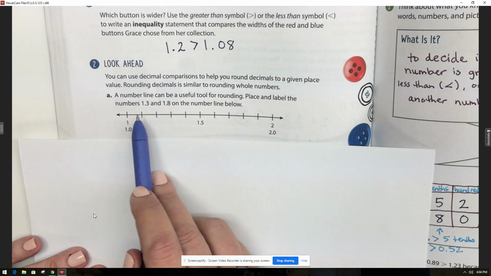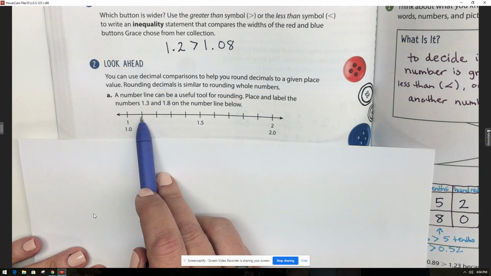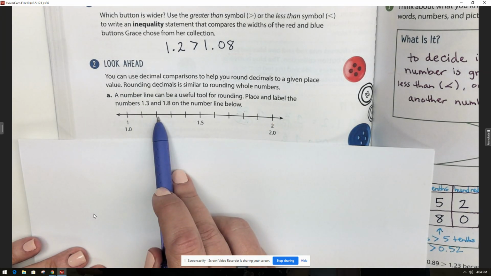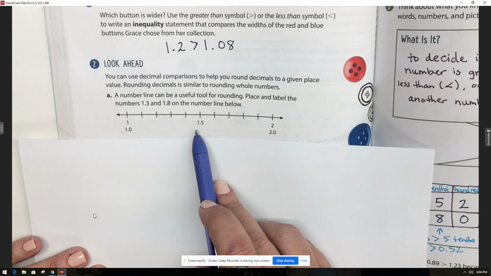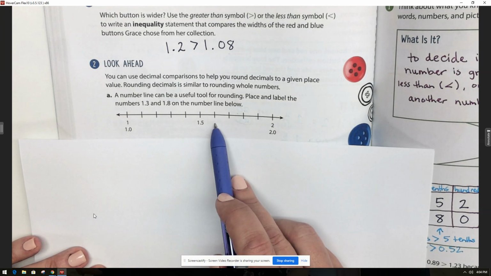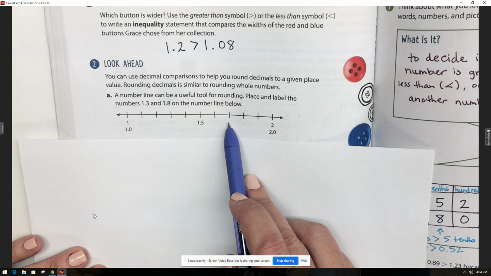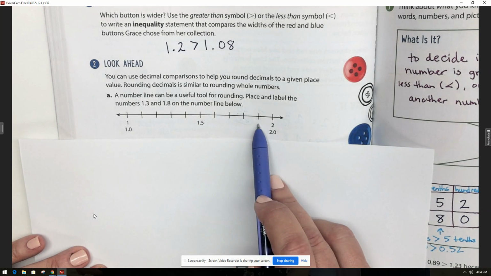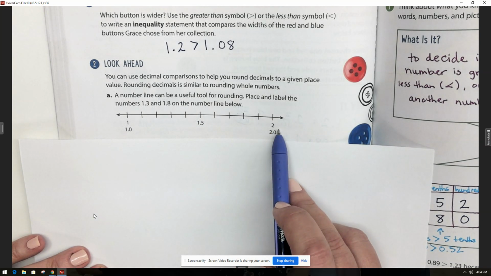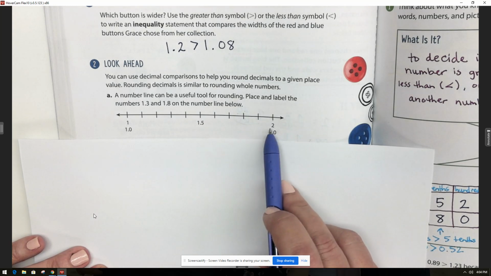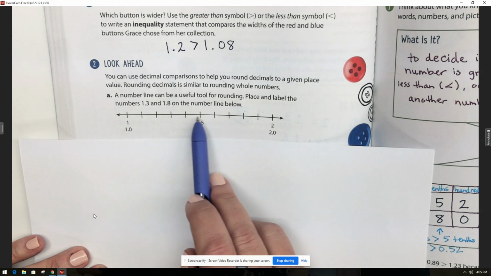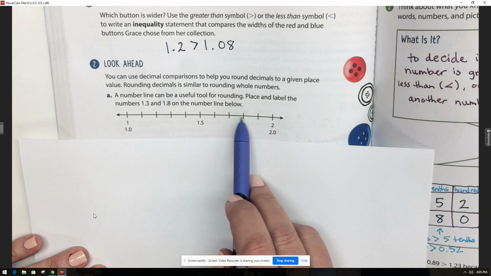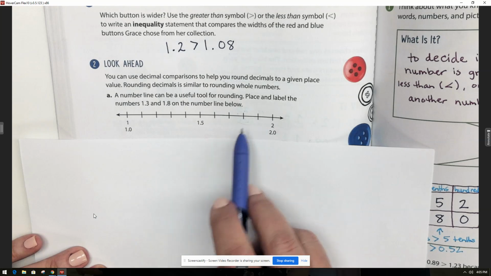But to double check, I'm going to see 1 and 1/10, 1 and 2/10, 1 and 3/10, 1 and 4/10, 1 and 5/10, 1 and 6/10, 1 and 7/10, 1 and 8/10, 1 and 9/10. This would be 1 and 10/10, but we know that 10/10 is the same as 1, so 1 plus 1 is 2. So yes, each of these black tick marks is worth 1/10.